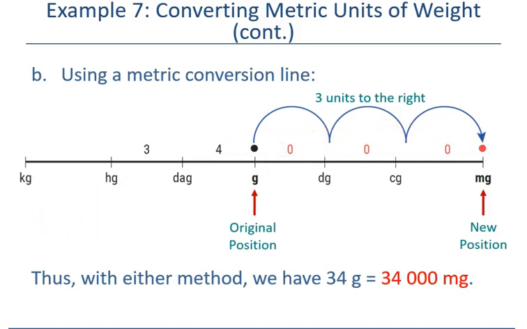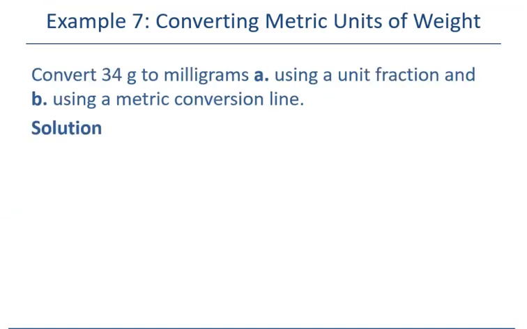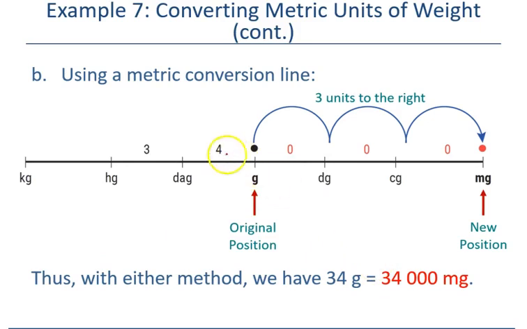Sorry, I skipped one. Convert 34 grams to milligrams using unit fractions, but we're just going to use this unit line here. So we're converting 34 grams to milligrams. So notice here we had the 34 grams, and then we moved this way and we got to the milligrams right here.